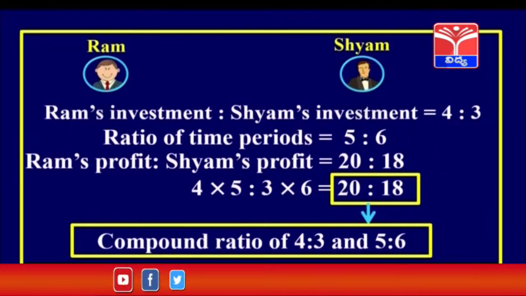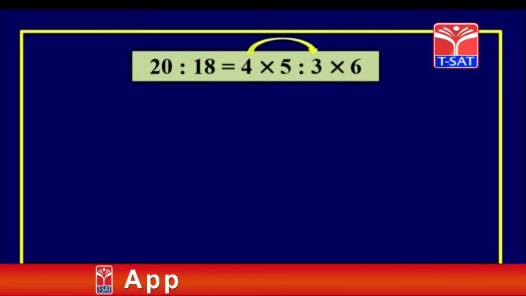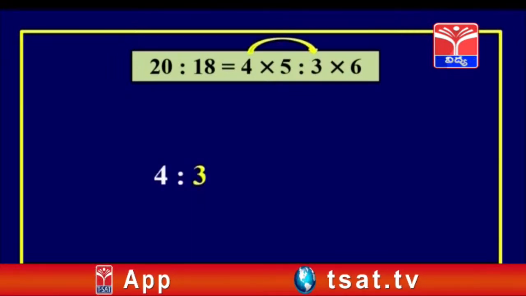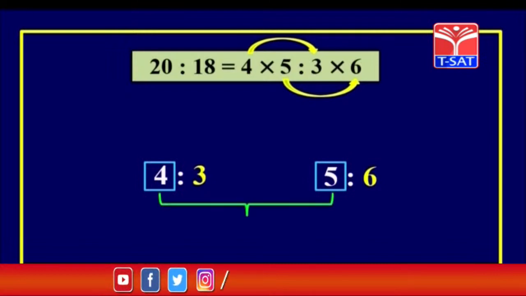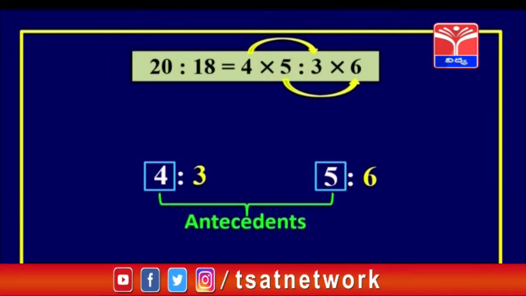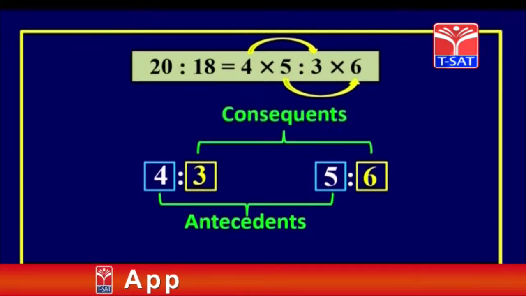Got it, children? Or let us understand this more clearly, children. So 20 is to 18, I am writing it as 4 into 5 is to 3 into 6. And the ratios are 4 is to 3 and 5 is to 6. Now here if you notice these 4 and 5 in these two ratios, we have seen already, they are antecedents. And what about 3 and 6? Yes, they are consequents.